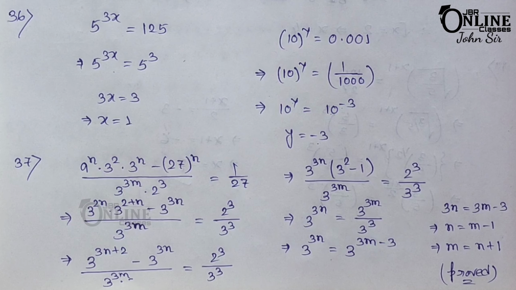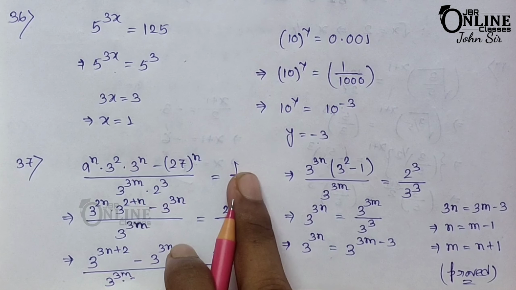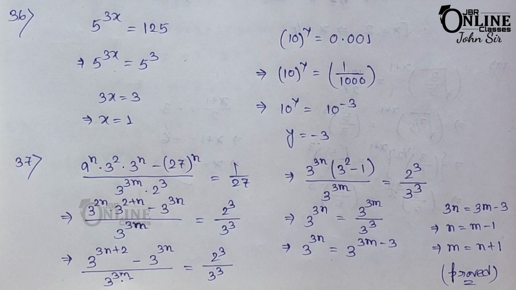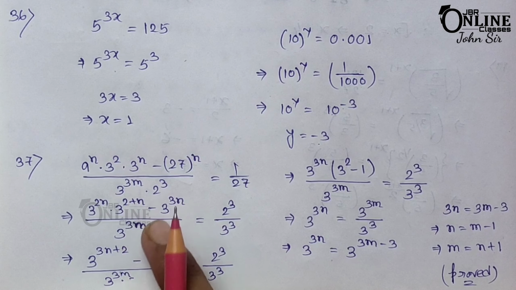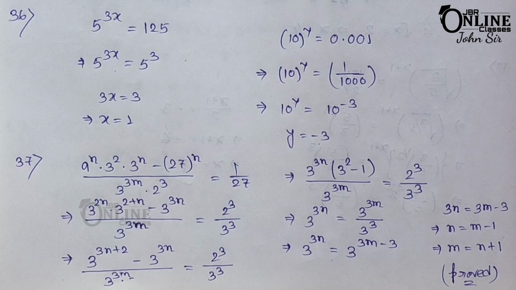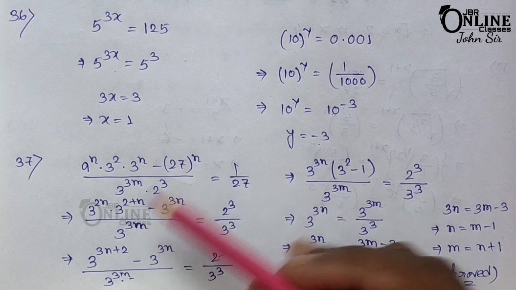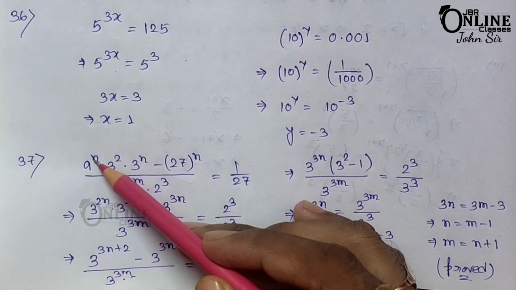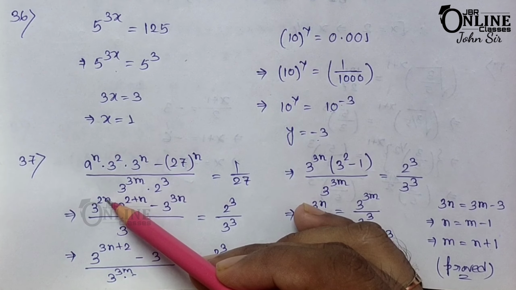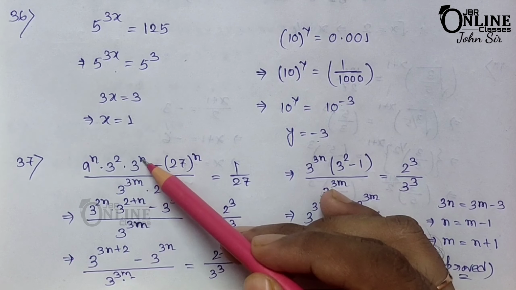Now the next one, 37. Okay, now here the given equation is this one, and you have to prove that m equals n plus 1. Okay, so here observe very carefully. It's a little bit tough problem, so observe it very carefully. As here 9 to the power n, 9 means 3 square, so 3 to the power 2n. Clear? Next one, 3 to the power 2 into 3 to the power n.